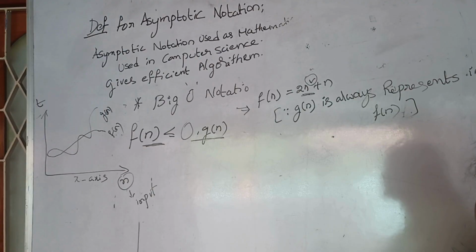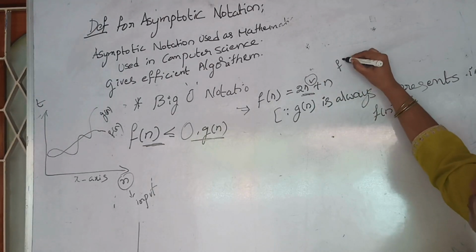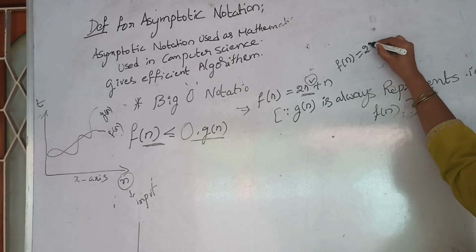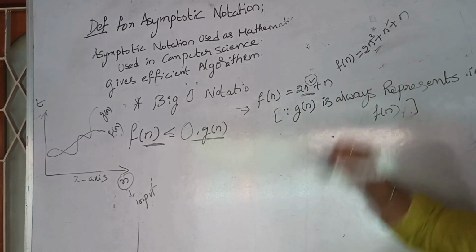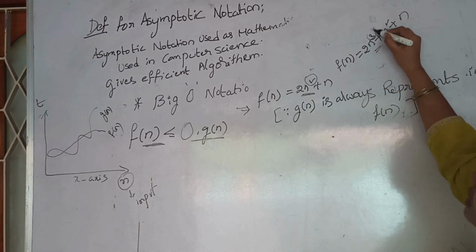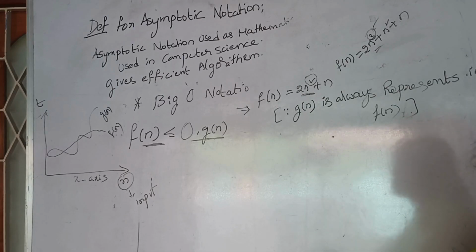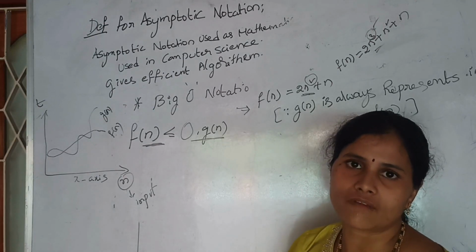The highest power for f of n is n square. Suppose f of n equals 2n cube plus n square plus n. Here the highest power is n cube, which means n power 3. So based on that power, we will decide the g of n value.